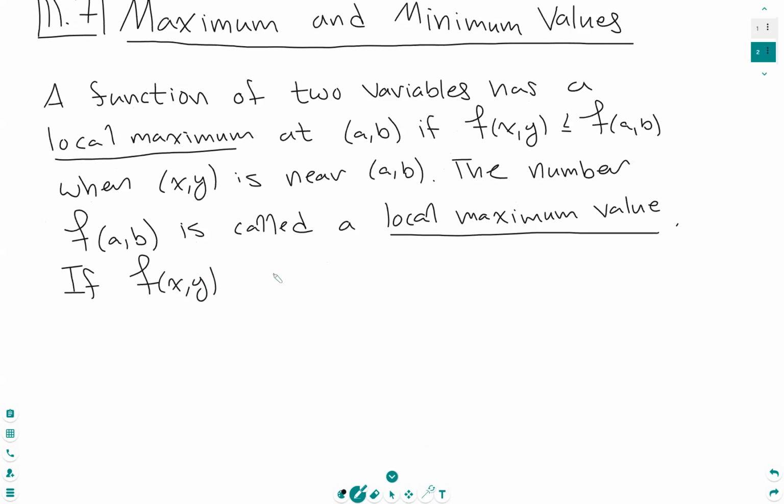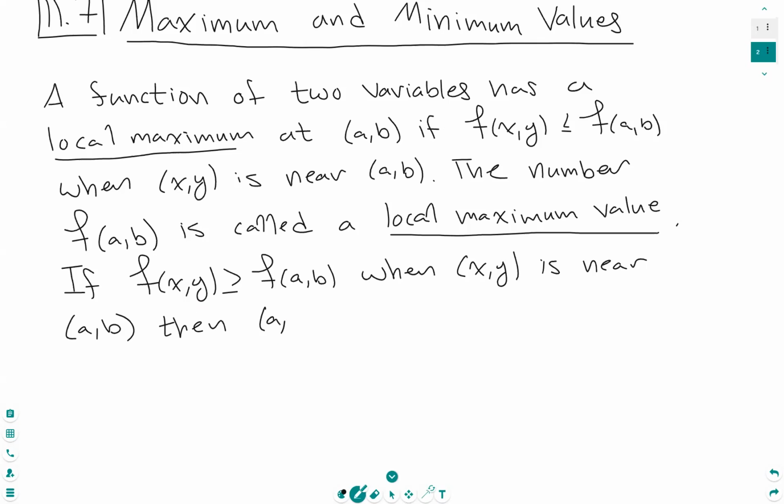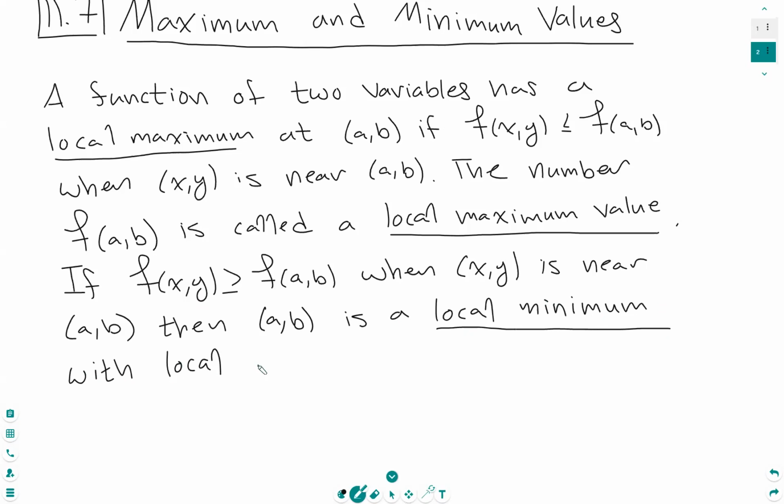If f(x, y) is greater than or equal to f(a, b), where we have some neighborhood around (a, b), then the point (a, b) is a local minimum, with a local minimum value f(a, b).